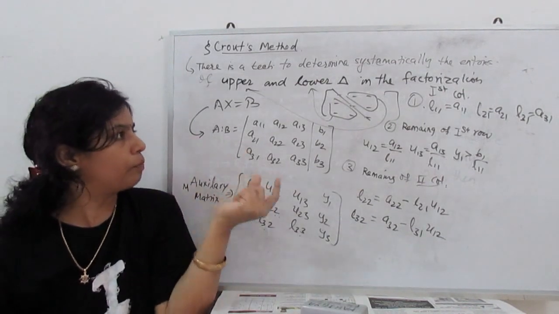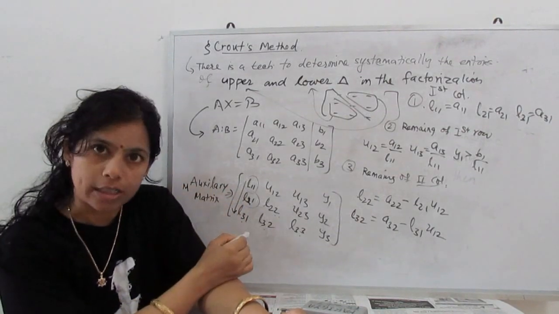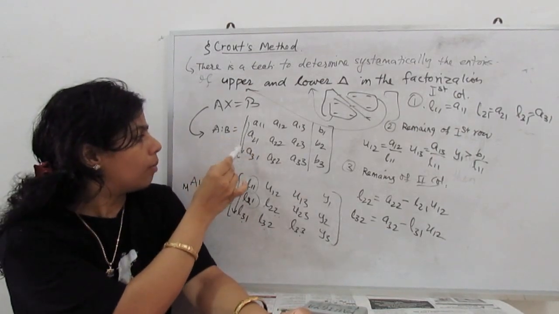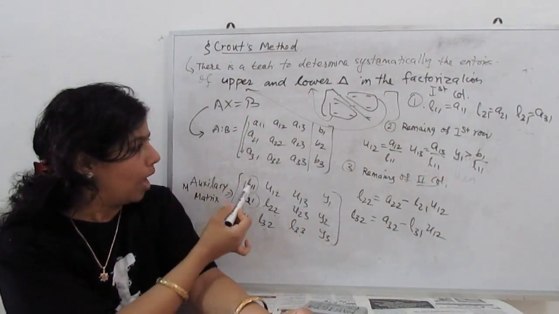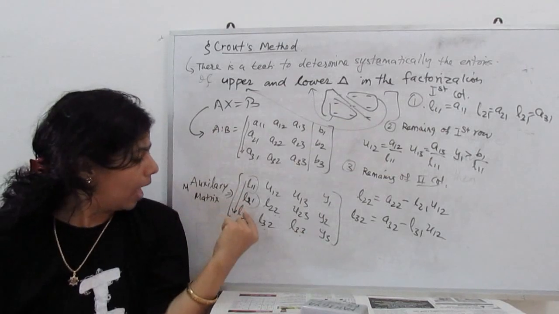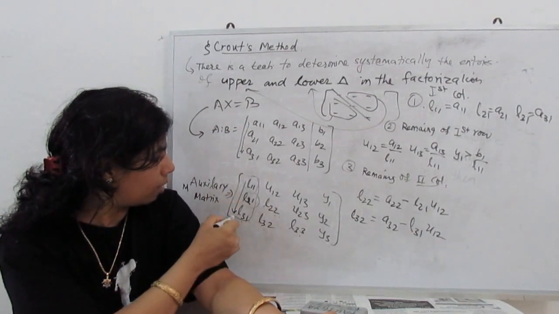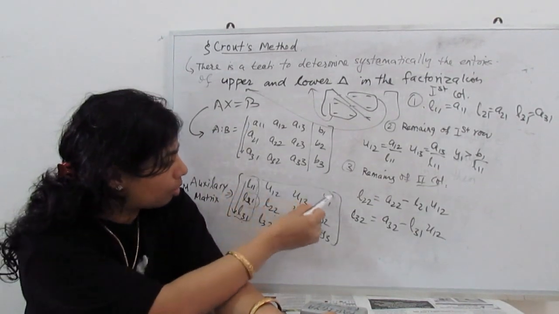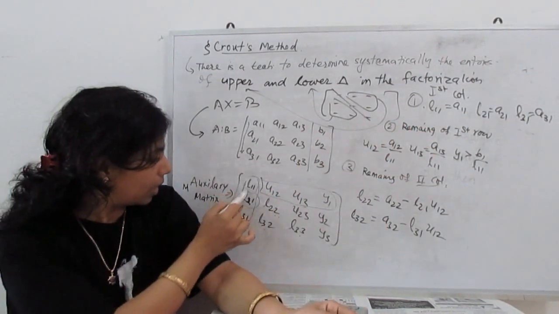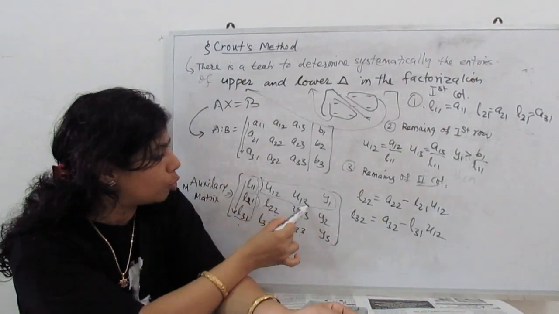Step 1 is first we find this column, which is as it is the first column of our augmented matrix. So L11 equals a11, L21 is a21, L31 equals a31. Second, the remaining elements of the first row are U12, U13 and y1.